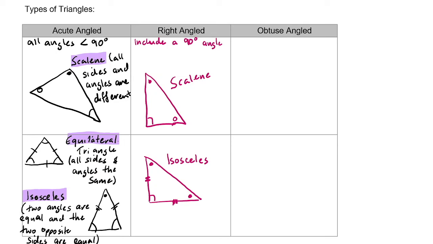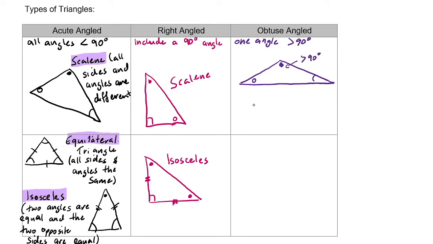Then we have our obtuse angled triangles, and an obtuse angled triangle has to have at least one angle greater than 90 degrees. If the other angles are greater than 90 degrees as well, it can't be a triangle anymore. And we can draw in another scalene, where one of those angles is greater than 90 degrees.